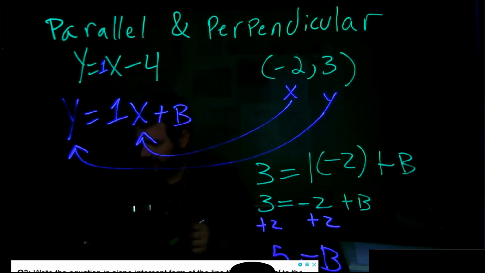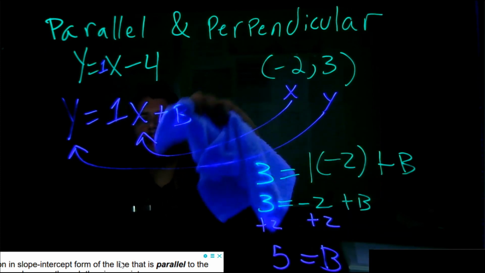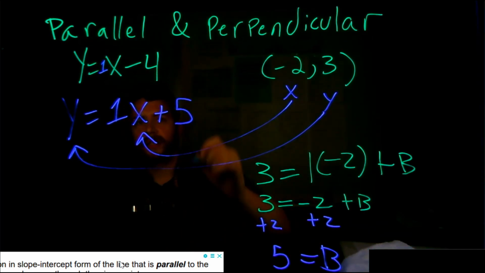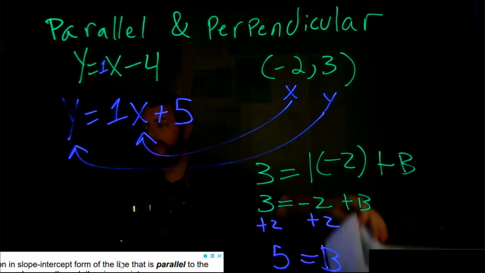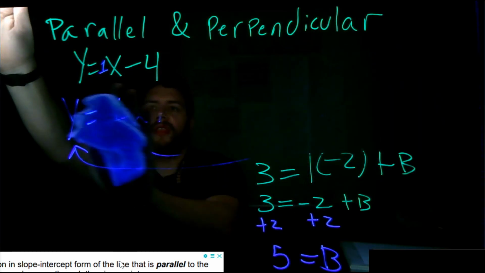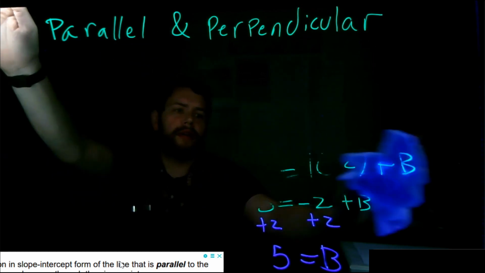So I know over here, this equation was 1x plus 5. Those are really easy. If we have some time at the end, I'll do some more. But let's go and talk about perpendicular lines. I think we all know what parallel lines are. They're lines that never touch, but perpendicular are a little bit different.